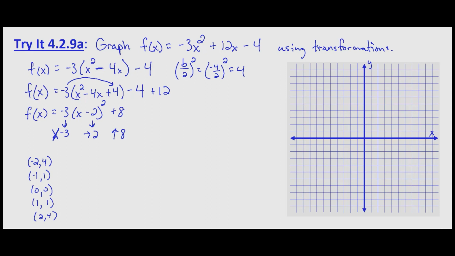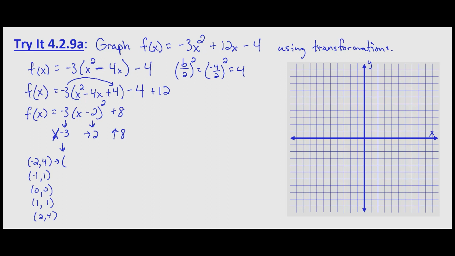So for now, we're just going to apply that first part of the transformation, which is a vertical stretch. It's going to make it narrower, and we're multiplying it by 3. The x values are going to remain the same. We're not going to apply the horizontal shift as of yet. We'll do that in the next step.